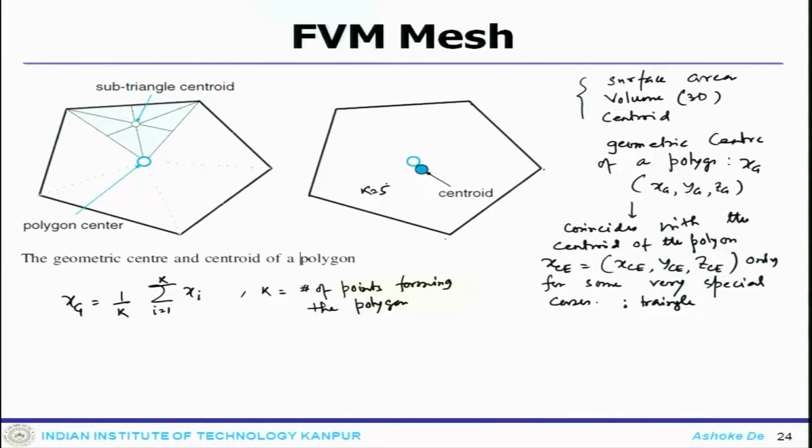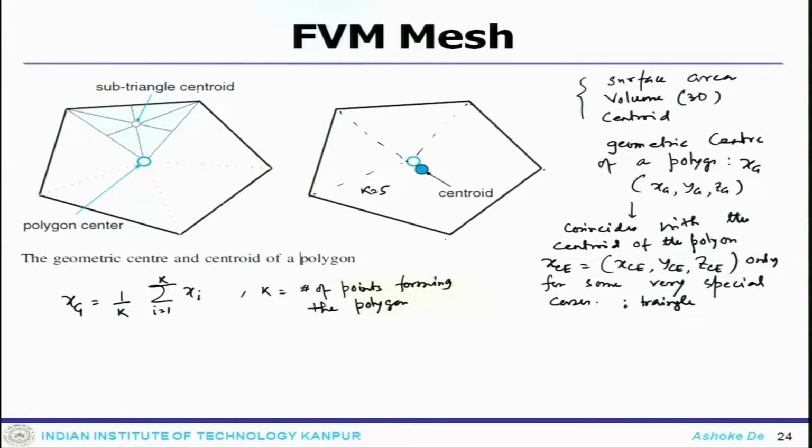Okay. So, for the geometric center, if you look at this, you can have multiple triangles sitting there. This is the one which we have connected with lines, and you have multiple sub triangles, and each sub triangle will have a centroid. So, there is a polygon center and the centroid of the polygon, and these are the sub centers of these things.